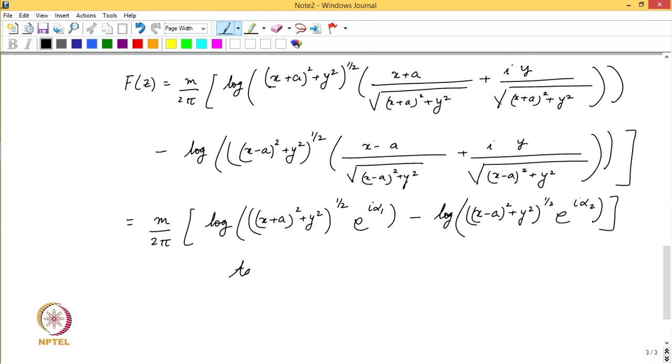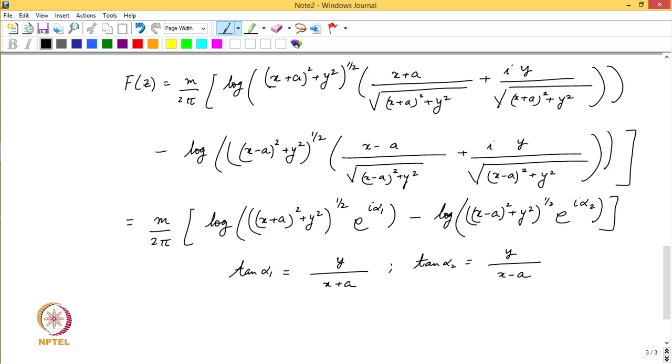We have tan of alpha 1 will be y by x plus a, and tan of alpha 2 will be y by x minus a. That is how those two functions are defined.